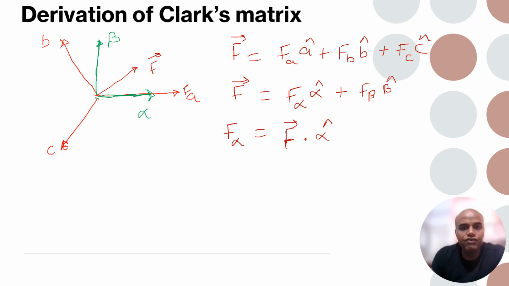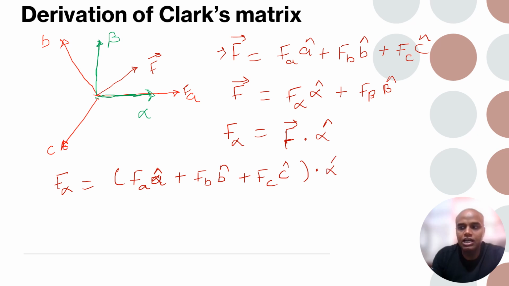So from here we can find out F alpha is equal to, let's put this equation over here. So we have Fa a cap plus Fb b cap plus Fc c cap, into dot alpha cap.